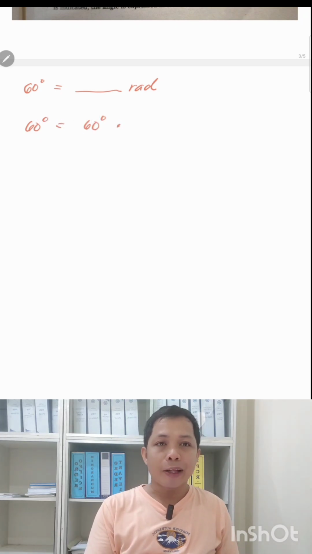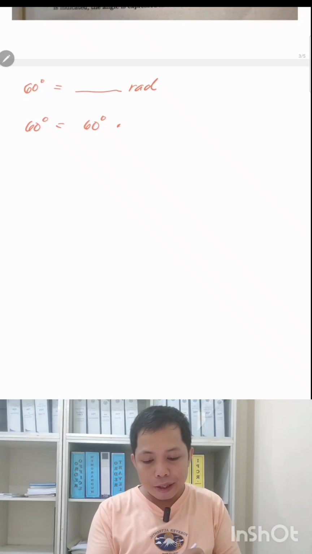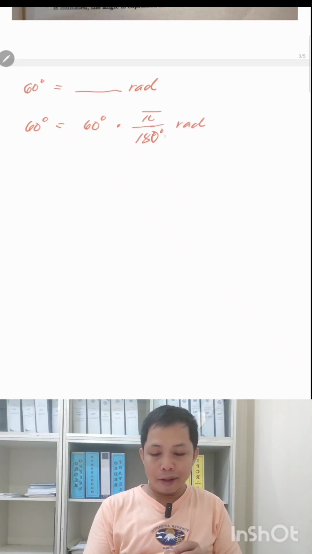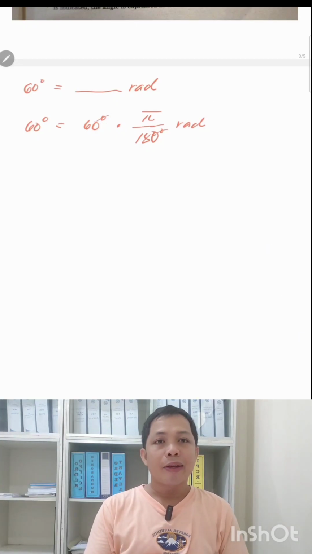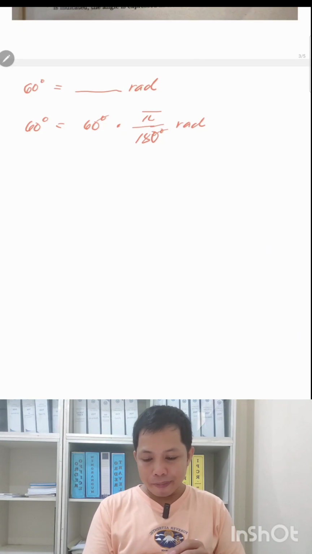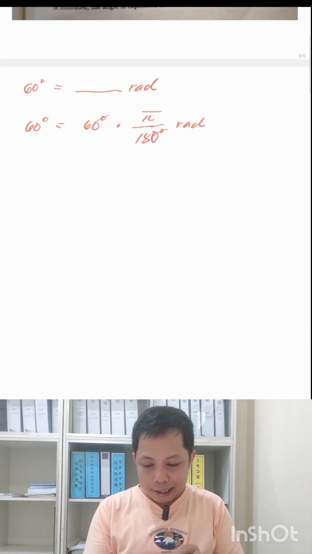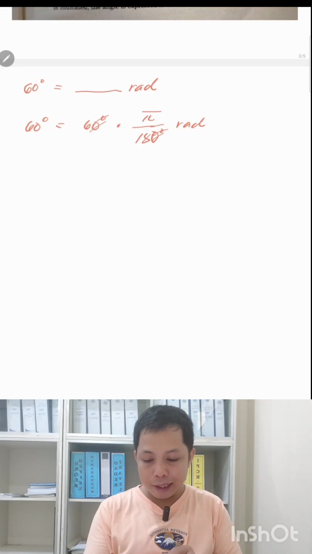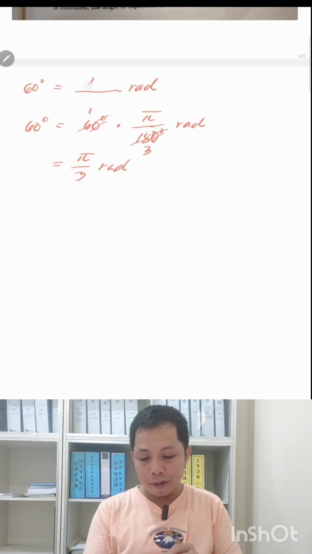The conversion factor that we are going to use is pi over 180 degrees, radian. Because degree is here and here, we can cancel the degree measure. The remaining unit of measure is radian. Now, we can cancel out 0 here. 6 over 18 is what? They are both divisible by 6, so this is 1, and this is 3. So the answer is pi over 3 radian, or simply pi over 3.